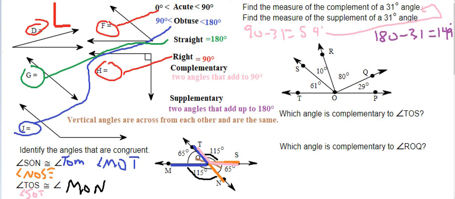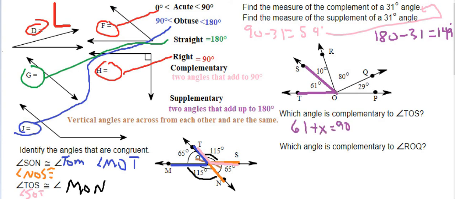The last question below it, we're going to find out which angle is complementary to TOS. So let's identify it. T goes to O, and then O goes to S. Again, we could have named that SOT. Complementary would be two angles that add up to 90 degrees. So 61 plus what is going to give us 90.